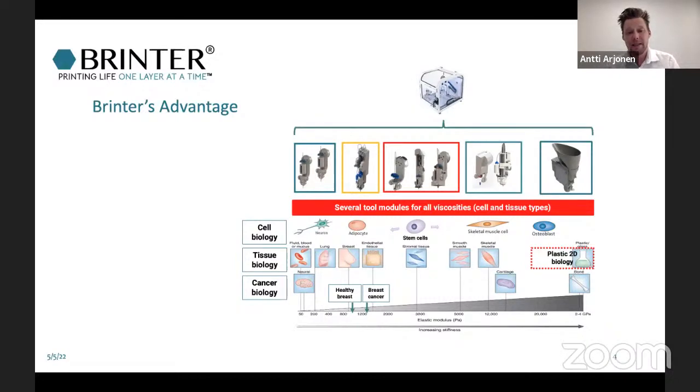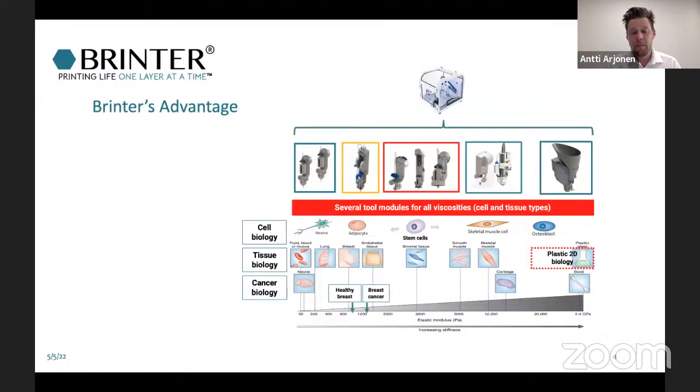You can combine these into one object, and this allows us to make real models of what we have in our human bodies. So we can add everything into the same structure regardless of the stiffness of the material.